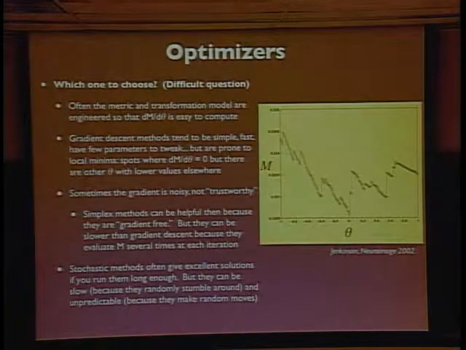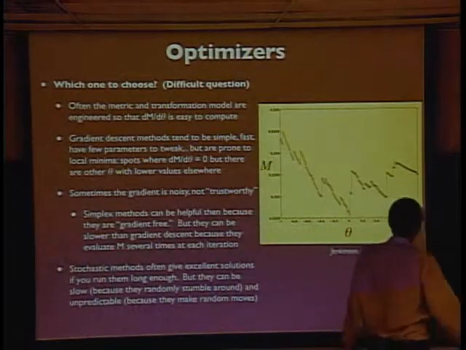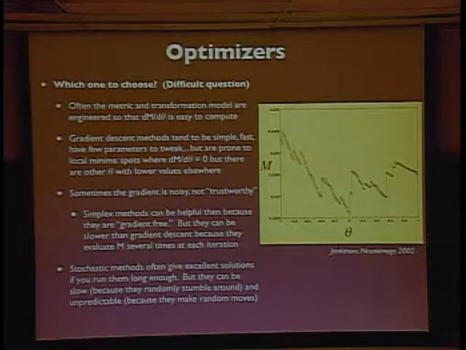So which one to choose is really difficult. The gradient type methods are fast, but they have these problems with getting stuck in local minima. And this is a very good example where all a person has done here is take one 3D surface, duplicate it so you have exactly the same surface before and after, and then evaluate a closest point metric for many different values of a rotation.